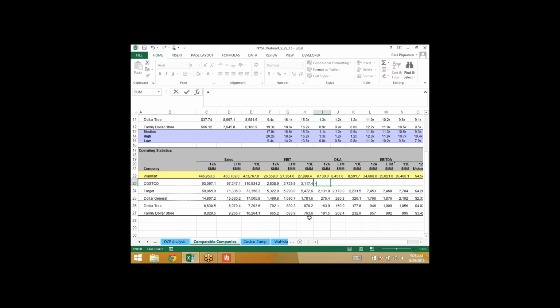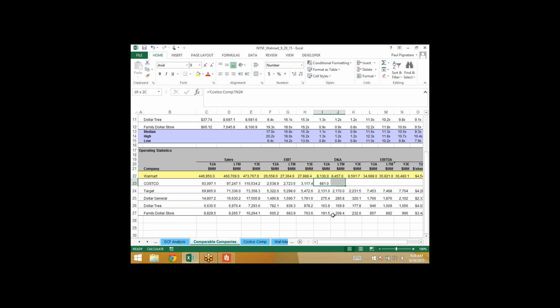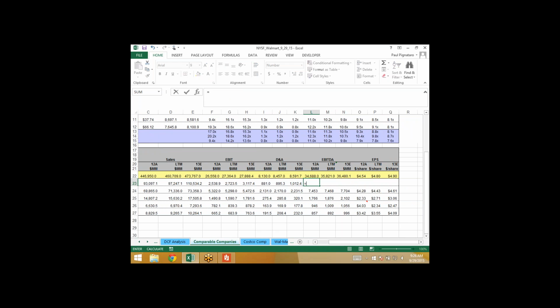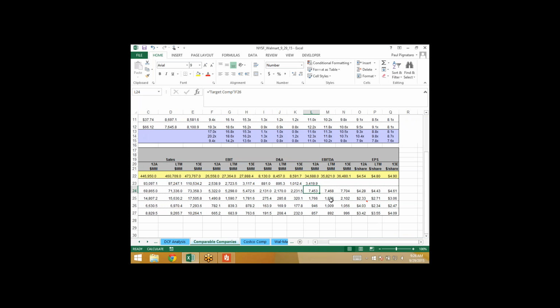D&A. Now D&A could have just subtracted, but I'm going to pull in D&A from adjusted, copy to the right. EBITDA. I could pull in from the adjusted, copy to the right.